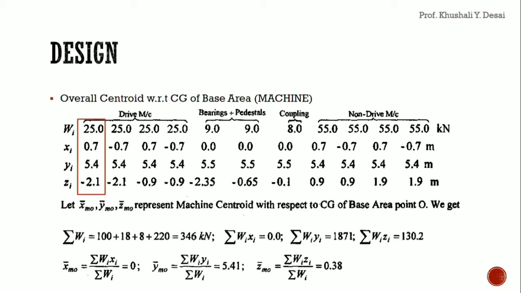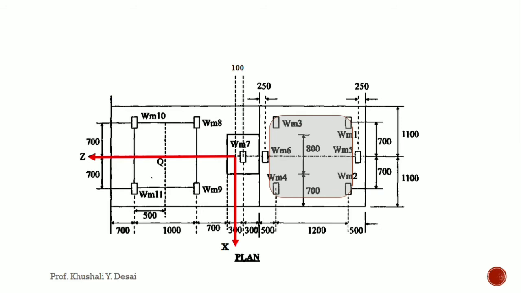So we start with the very first column of 25 kilonewton weight. Xi, Yi, Zi we require to find out. Now how to find out? Let's go back to the plan again. With respect to this X and Z axis as highlighted, we want to find the CG of this particular point WM2.